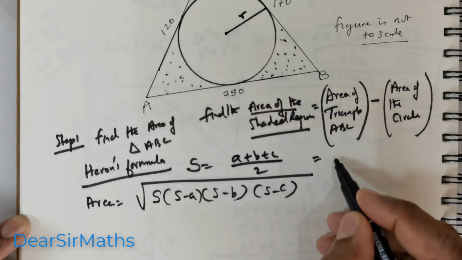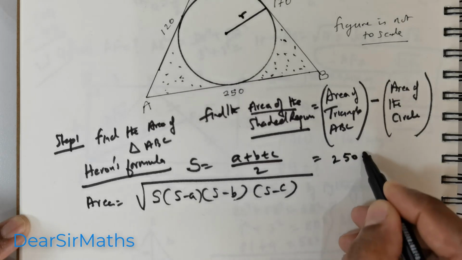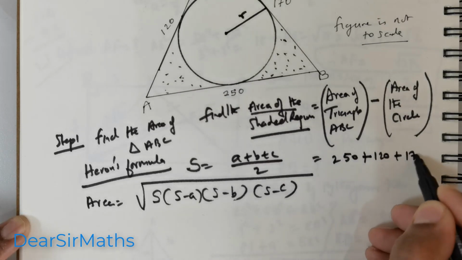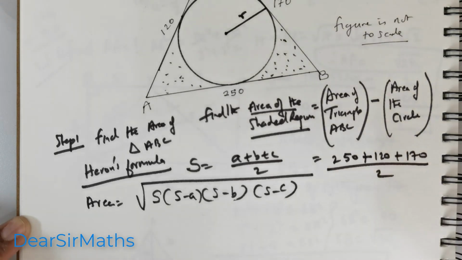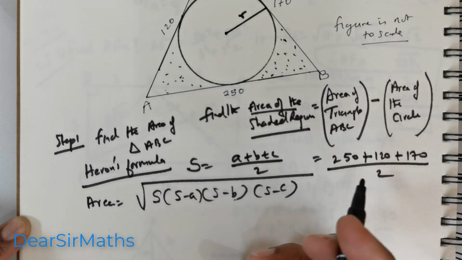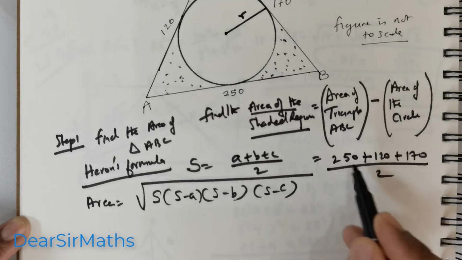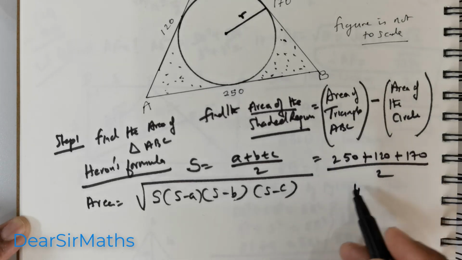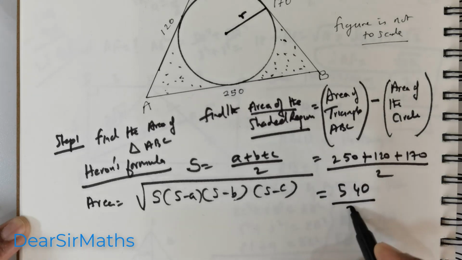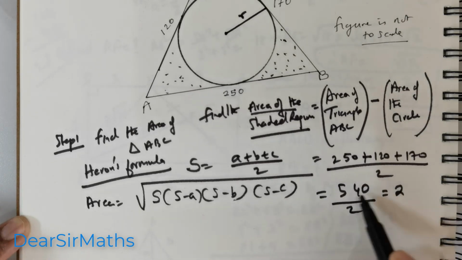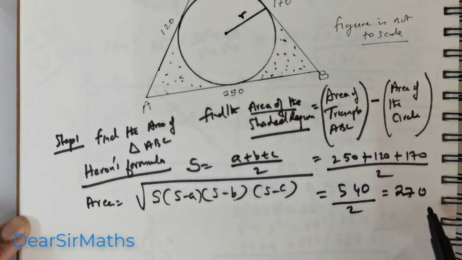From here, if I were to add 250 plus 120 plus 170 divided by 2, if I were to calculate this, this is going to be 540 divided by 2. That is going to be 270.